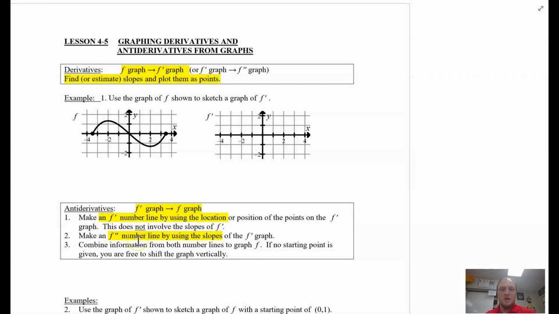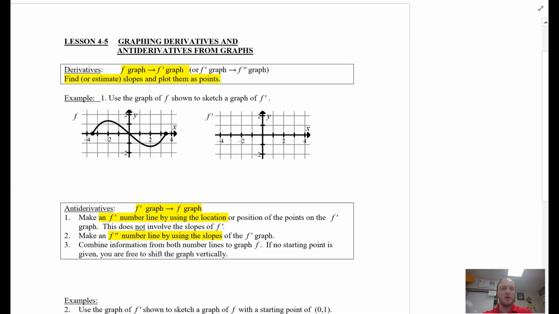Remember, if we go from f to f prime, we're taking the derivative, right? And the derivative is the slope of the tangent line. So we're going to be estimating different slopes at various points.